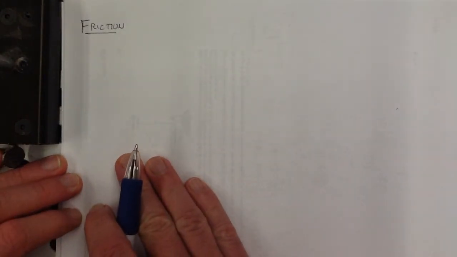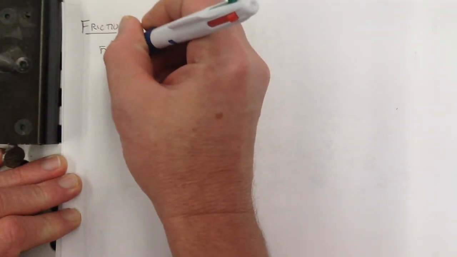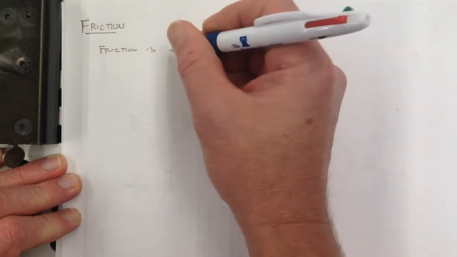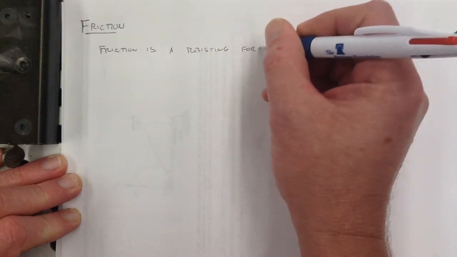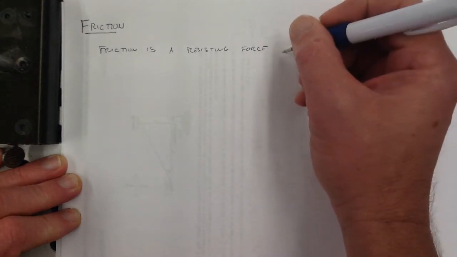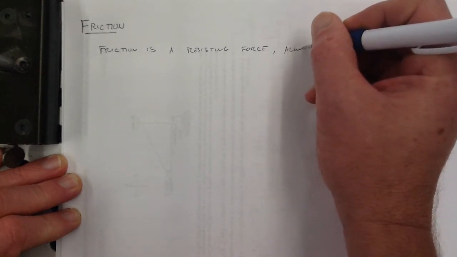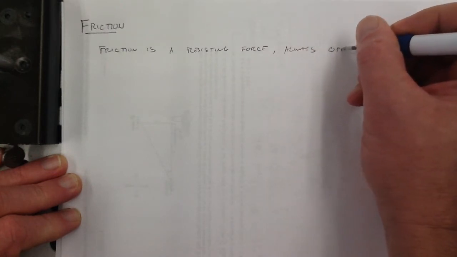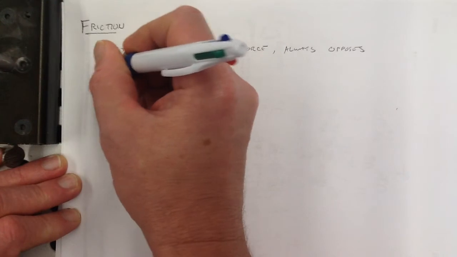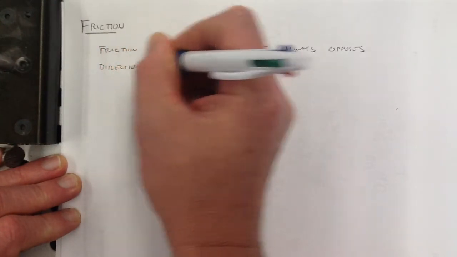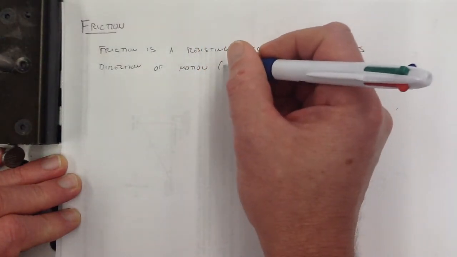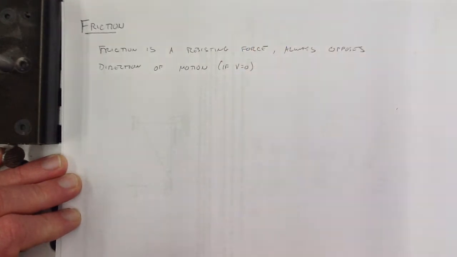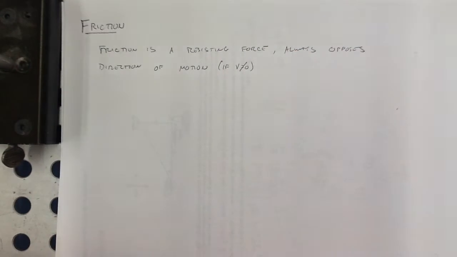All right, so friction is a resisting force and it will always oppose the direction of motion, if there is motion. Of course, the velocity is not zero.